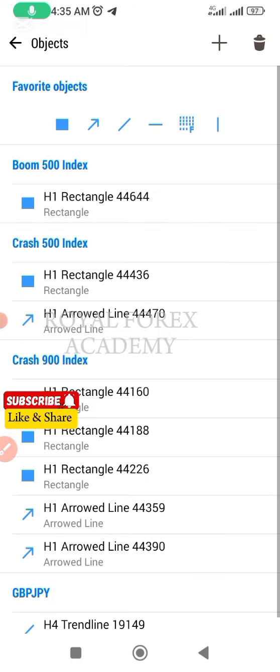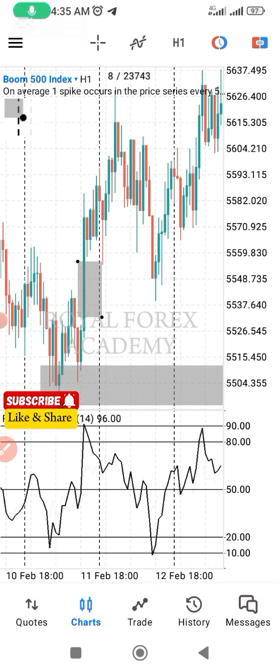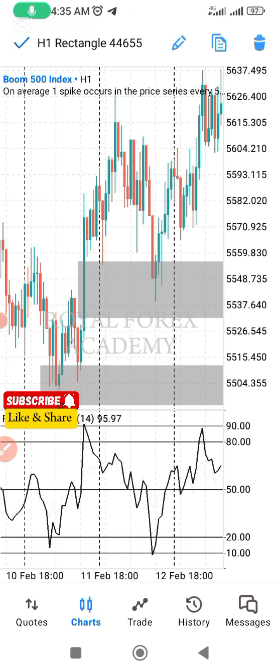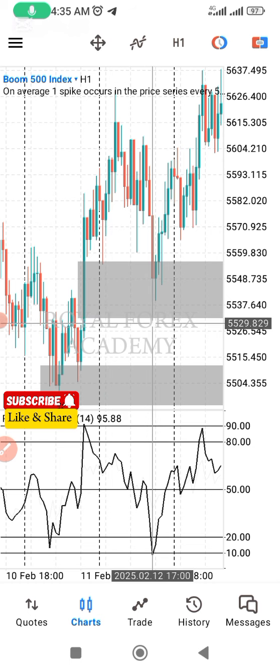Remember, in the same vein, we have our fair value gap. Here is a typical fair value gap. And look at what happened. Can you see that? This is it.